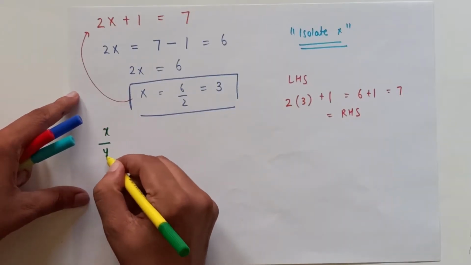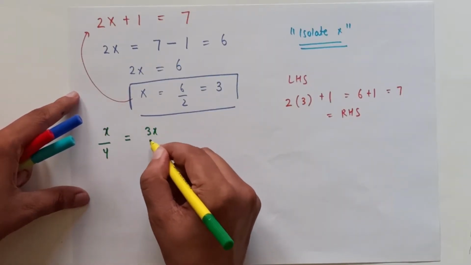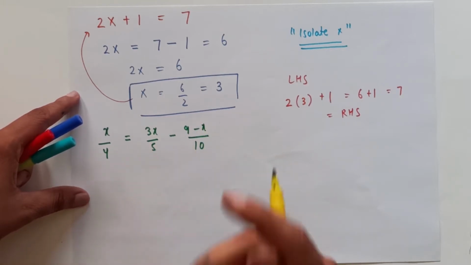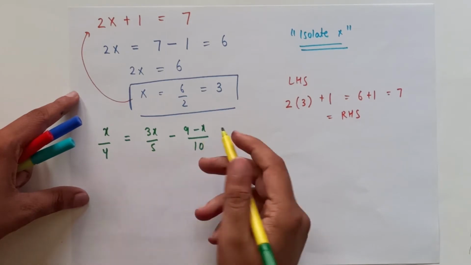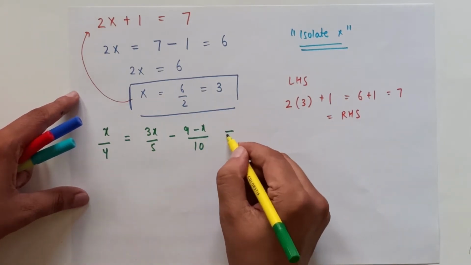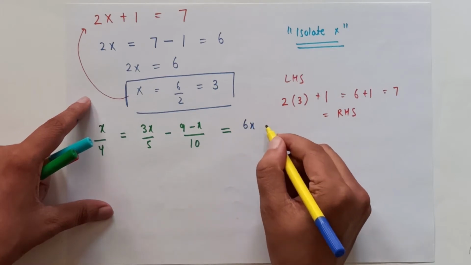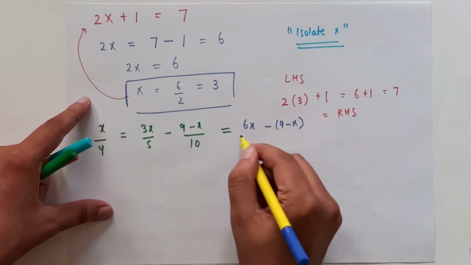Again, I'm going to write down the equation, but x will appear more than once. So let's take this equation where x upon 4 equals 3x over 5 minus 9 minus x over 10. In this equation, you will see that x comes thrice. Now, simplifying RHS, we will get 6x minus 9 minus x over 10.